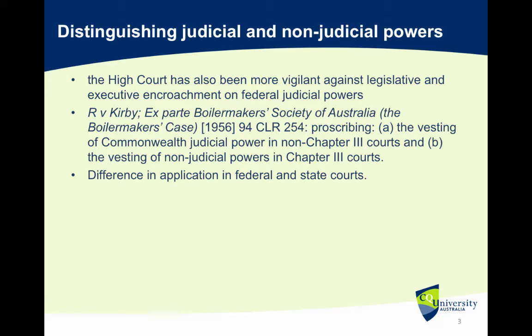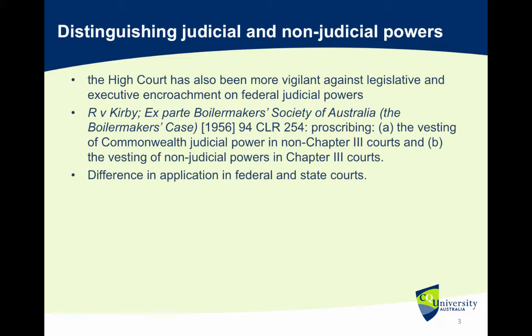Parliament may enact a law creating a body. And Section 77, for example, and Section 72 authorizes the Commonwealth Parliament to actually create Chapter 3 courts. But Parliament itself, under Section 51, also has the power to create tribunals or bodies that may appear like courts, but actually are not Chapter 3 courts.